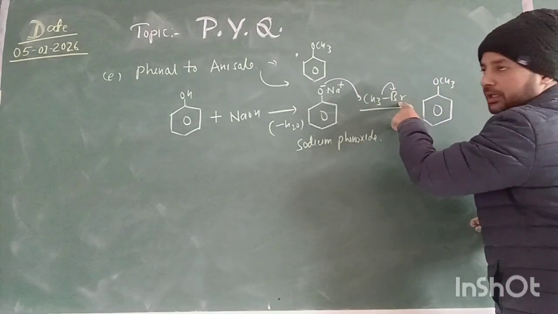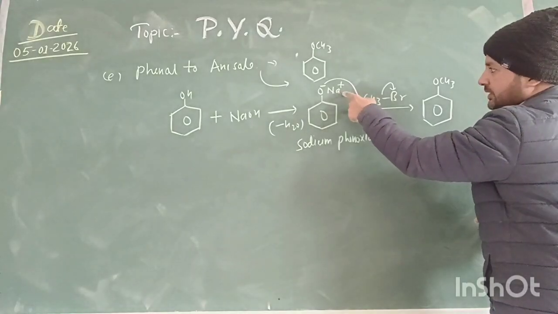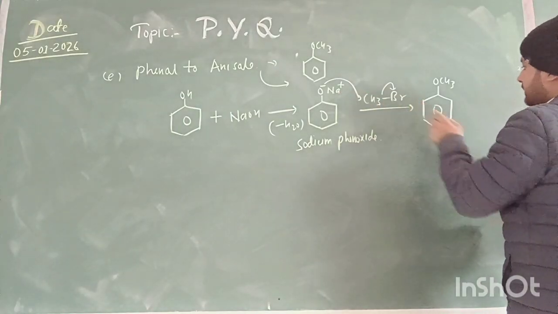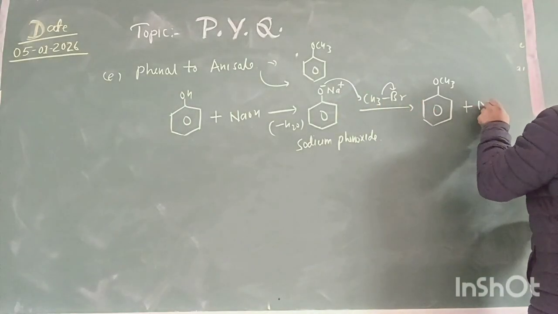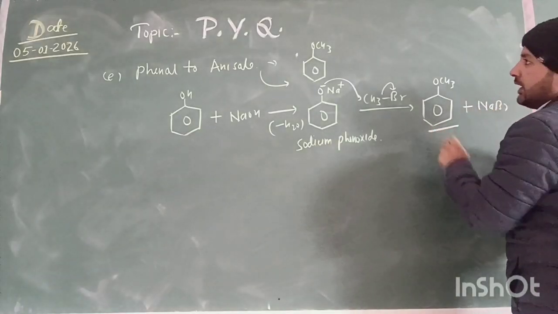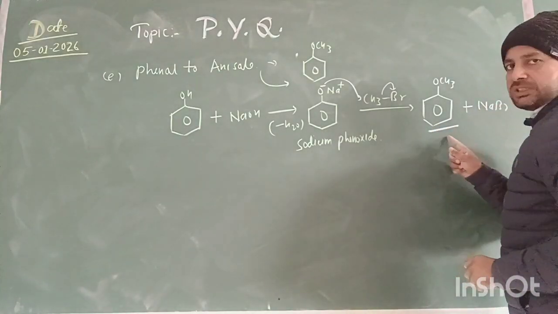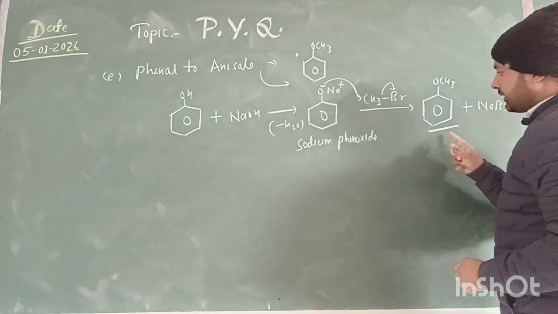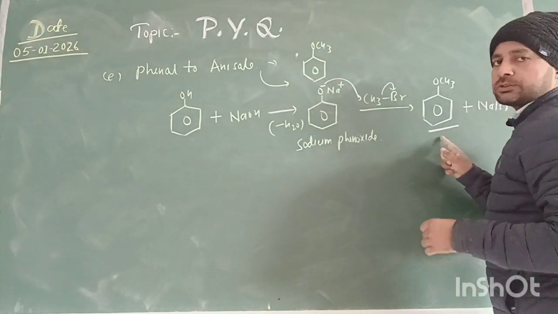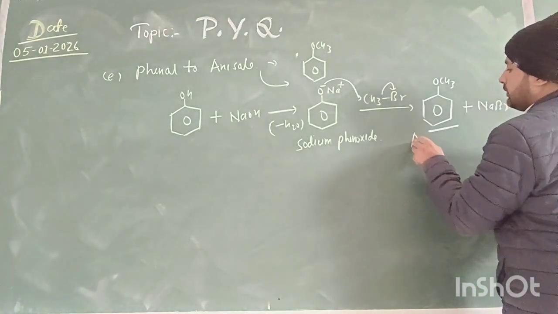After removal of Br, it will combine with Na because it is positively charged and Br is negatively charged. So there will be removal of NaBr. So this is anisole or methoxybenzene, you can also call it. This is methoxybenzene, or its common name is anisole.